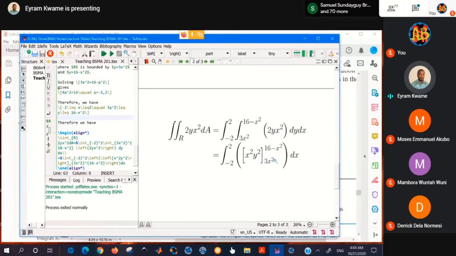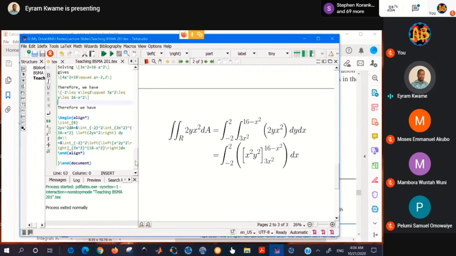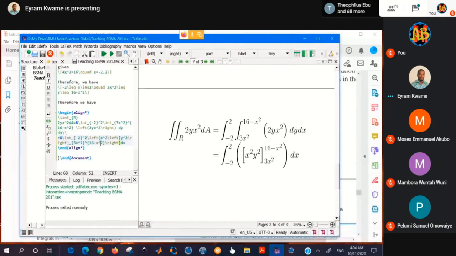Now I have to replace the values of only x. Another thing you can do is pull out the x squared, because x has absolutely nothing to do with the y. I can pull out the x squared for an easier representation, and put it right here.